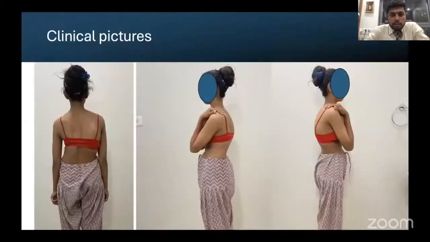These are her clinical pictures when she came to me. Here we can see that the right shoulder is a little higher than the left one, and a right-sided rib hump. She also has an S-shaped deformity which can be seen here.